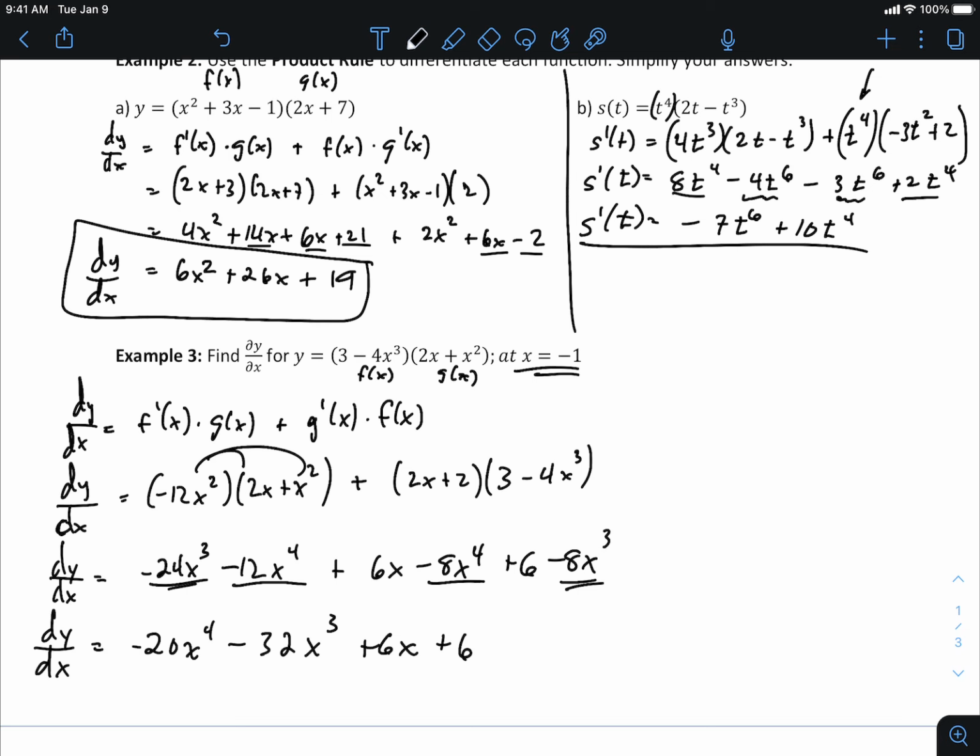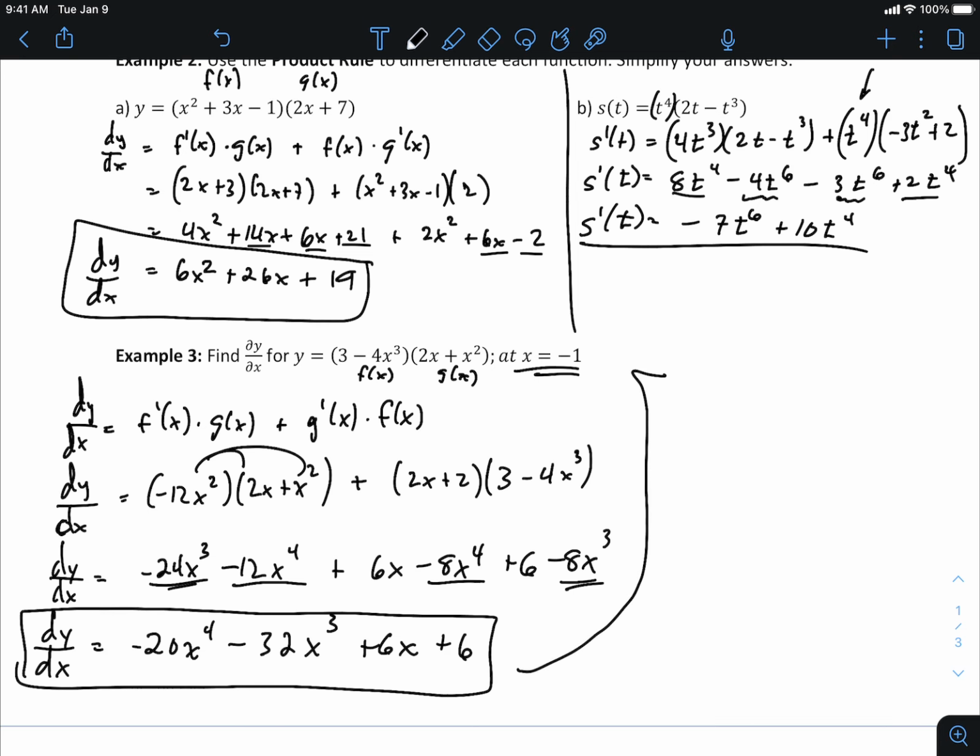Okay, and now that we have this, we can evaluate when x equals negative 1, sorry. So we could say, well, what happens when x equals negative 1?